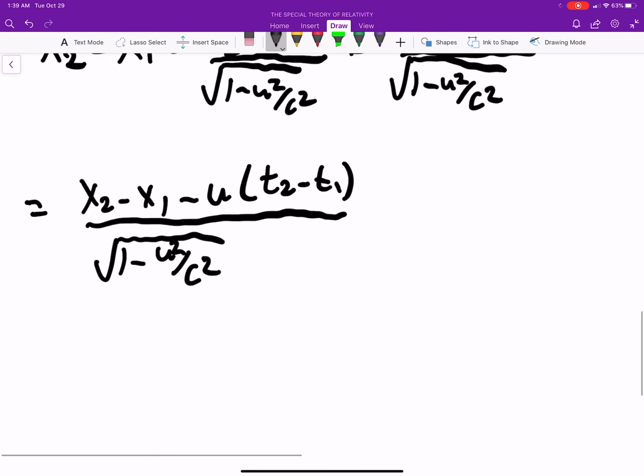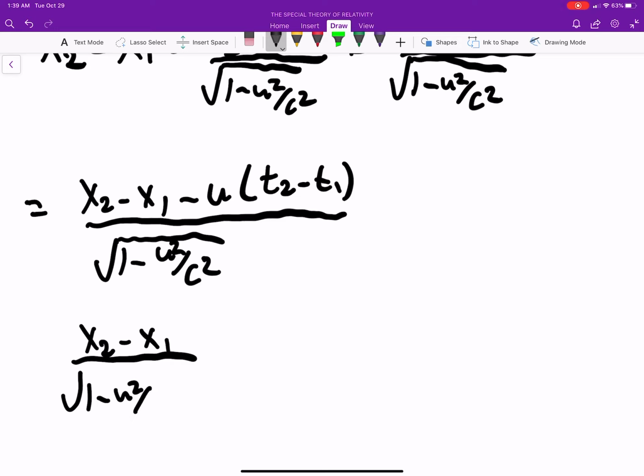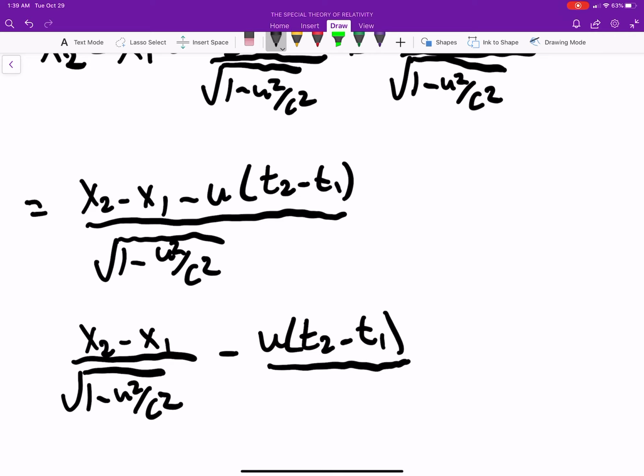And we can think of that as just being x2 minus x1 over the square root of 1 minus u squared over c squared, minus u times t2 minus t1 all over the square root of 1 minus u squared over c squared. Perfect. So we have that lined up now.